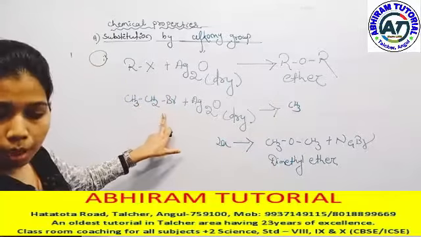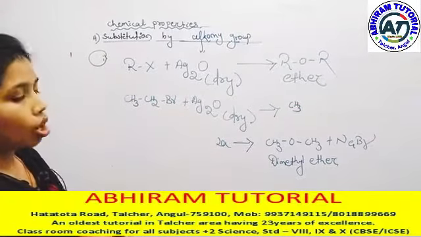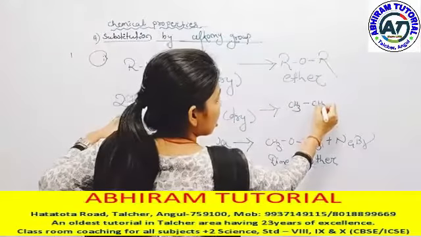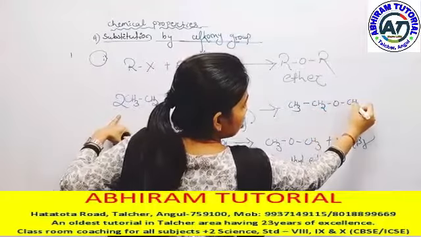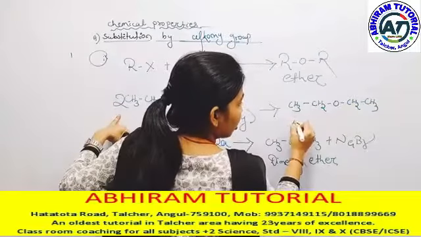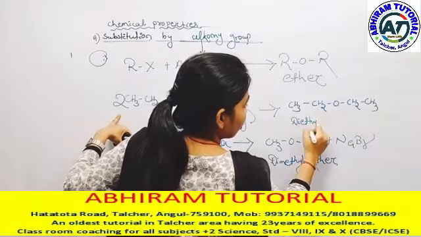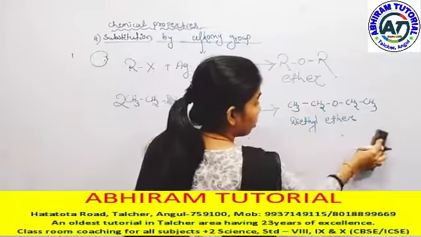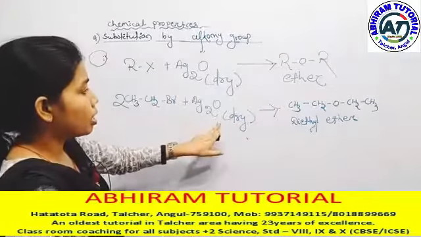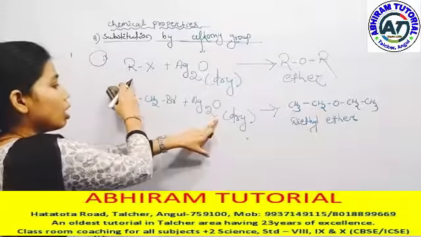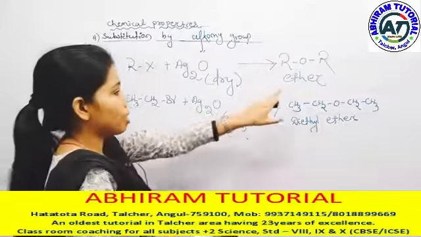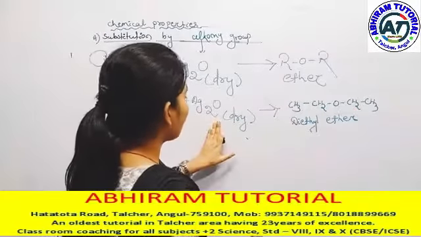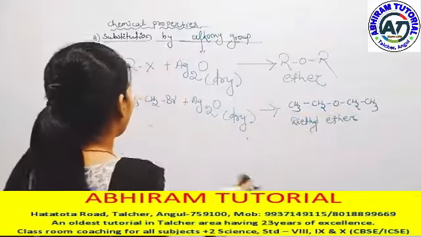In this case we have to take 2 molecules of haloalkane, and it gives CH3CH2OCH2CH3, that is diethyl ether. In the previous method we took moist silver oxide; when haloalkane reacts with moist silver oxide, it gives alcohol, whereas with dry silver oxide it gives ether.